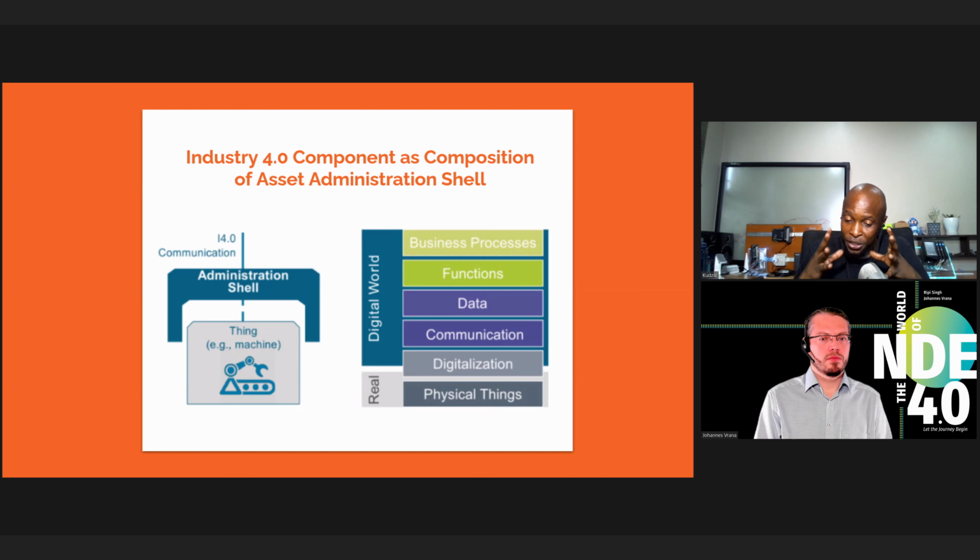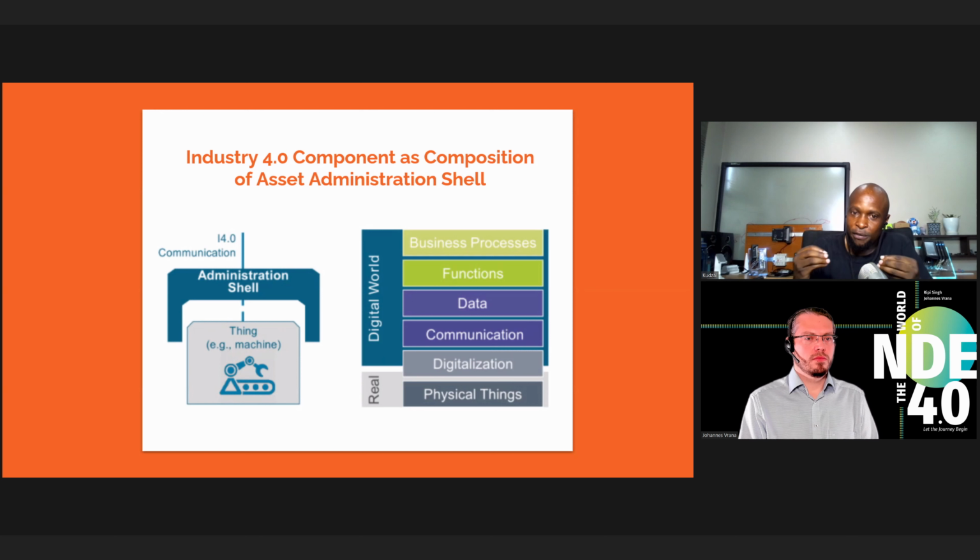So the asset administration shell does that by providing a virtual representation of the real physical asset and the data for the current status information of that asset, and also the data which was generated during the life cycle of that asset, all in a consistent format. So we've got a component that has been conceptualized.